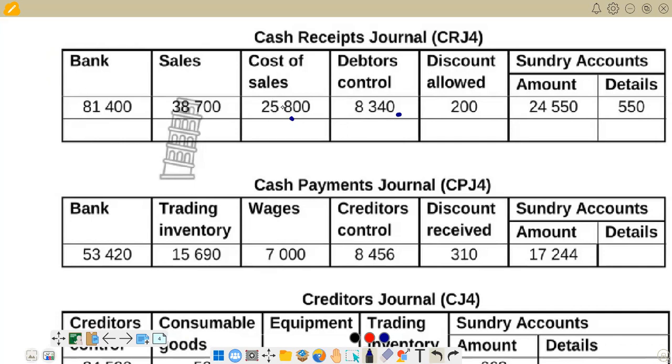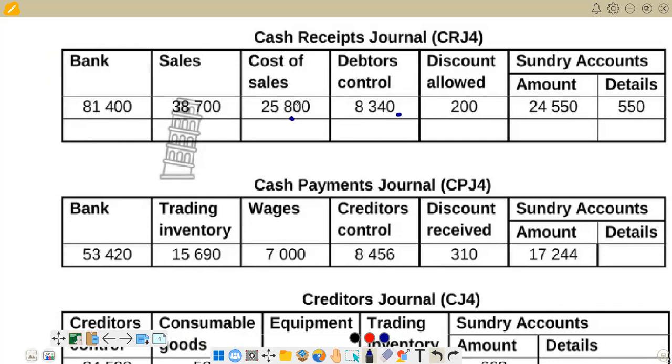So you see that we have got here cost of sales 25,800, which is affecting the trading stock account, and then also the debtors control 8,340. So on this one, cost of sales 25,800.